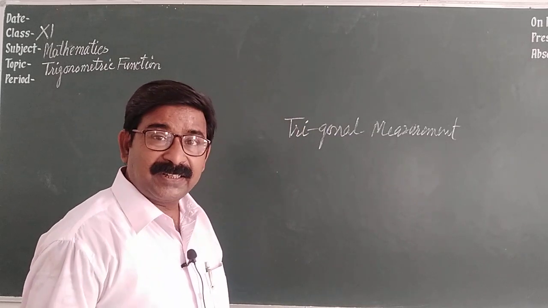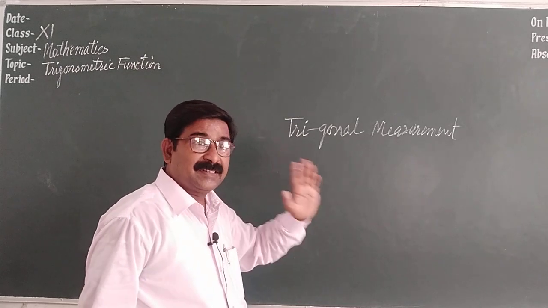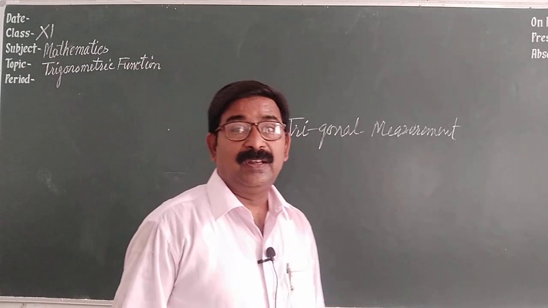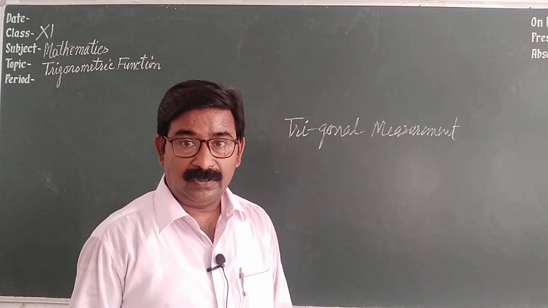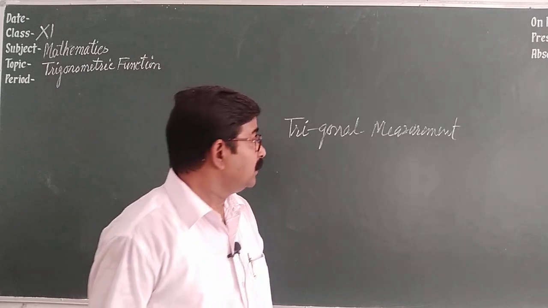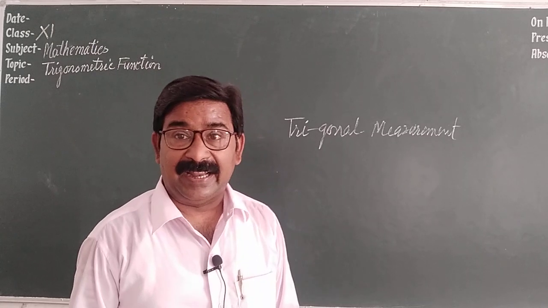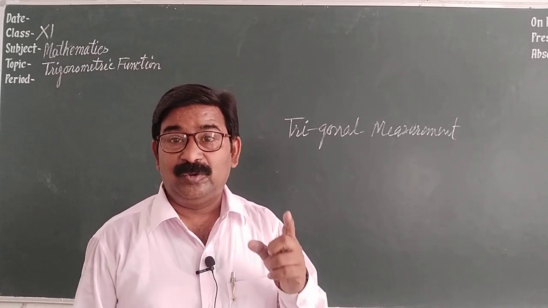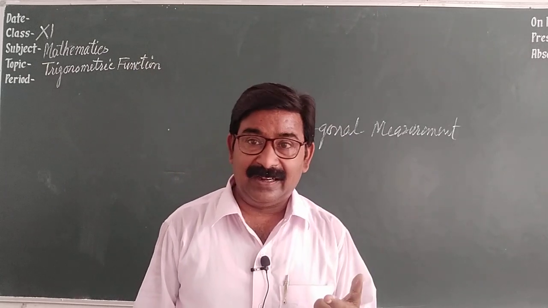The most interesting thing, especially in class 10th, we have observed that we always use a right triangle. Moreover, we use the right angle. In a right triangle, we have two acute angles and one right angle.